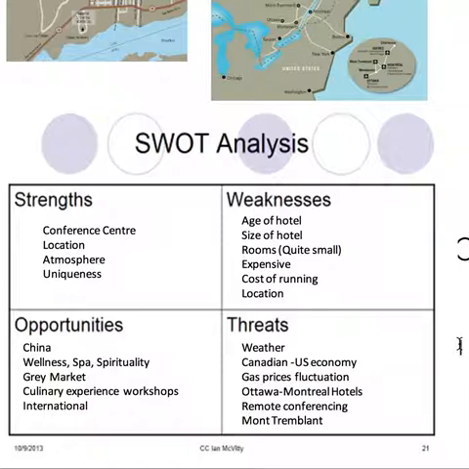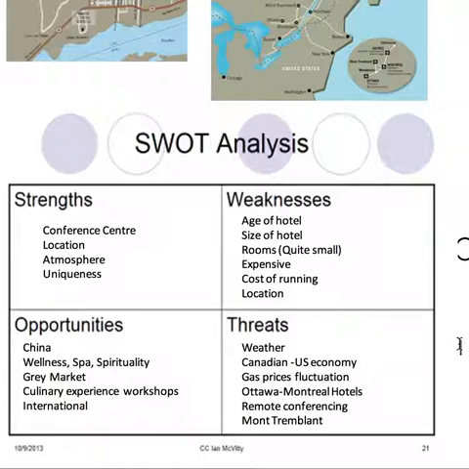And they have a spa, but they haven't really gone beyond the physical spa, and there's enormous potential there to do that. Culinary experience workshops is an obvious one because they have some excellent cuisine in Quebec, and there's no reason why they shouldn't turn those into workshops to teach people this. And then I've put down a couple of other ones.